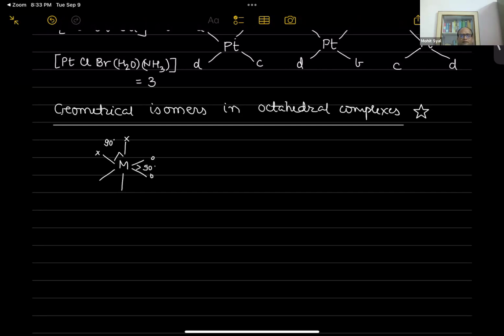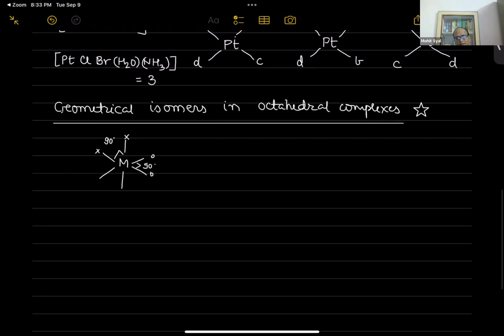Tell me quickly. Yes or no? Do we have any transposition in octahedral? The answer is yes. The transposition will be this one, the positions indicated by two tick marks, right? And what is the angle between these two positions, the one which is up and down?